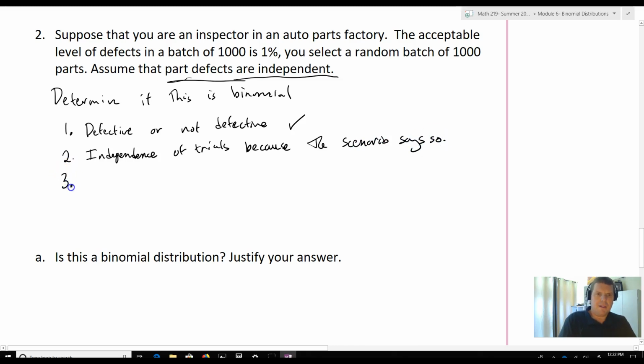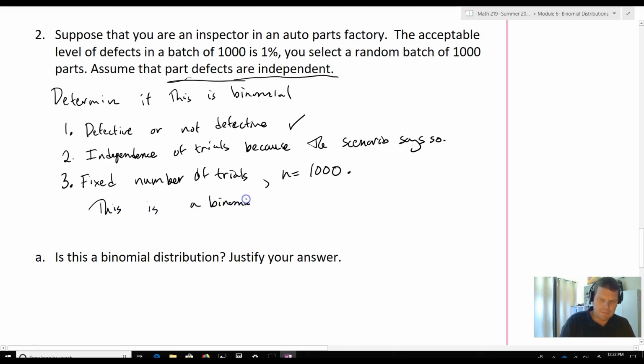Then third, we need a fixed number of trials, which oftentimes means that we need a finite sample size. In this case, we get that: n equals 1,000. So this is a binomial distribution because all three of the requirements are met.